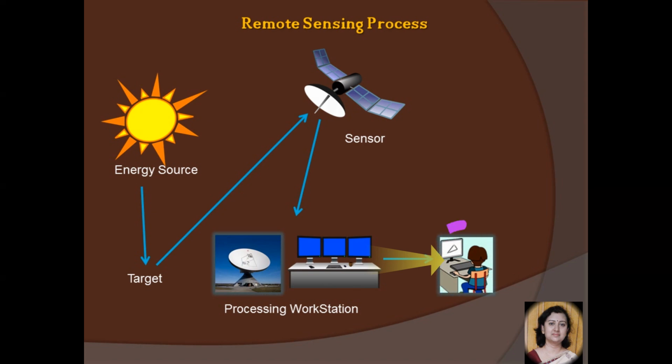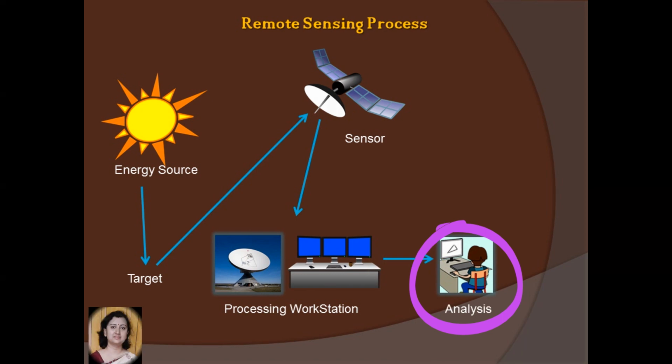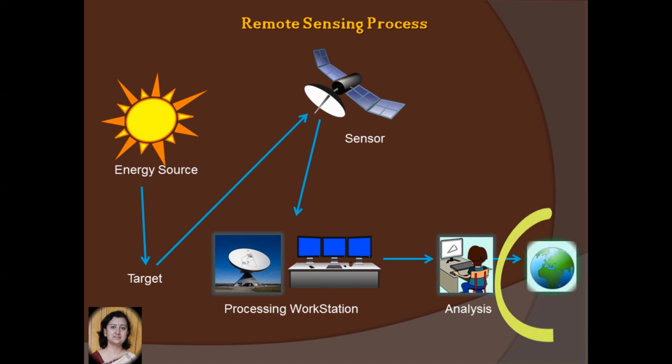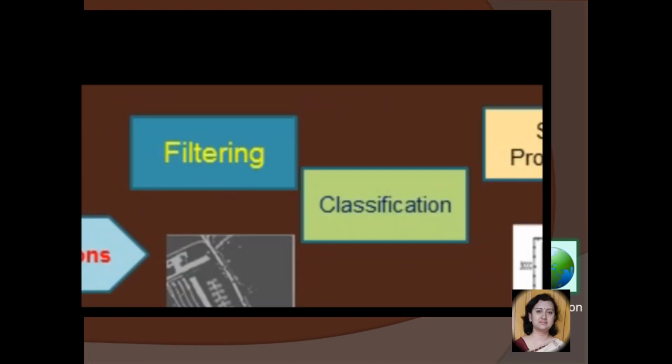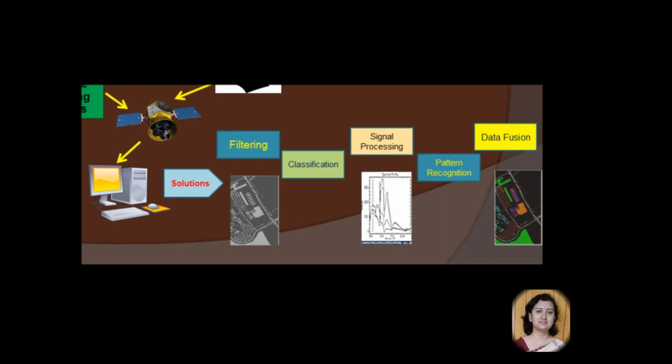The processed image is interpreted visually or digitally or electronically to extract information about the target that was illuminated. The final element of the remote sensing process is achieved when we apply the information we have been able to extract from the imagery about the target in order to better understand or reveal some new information or assist in solving a particular problem.